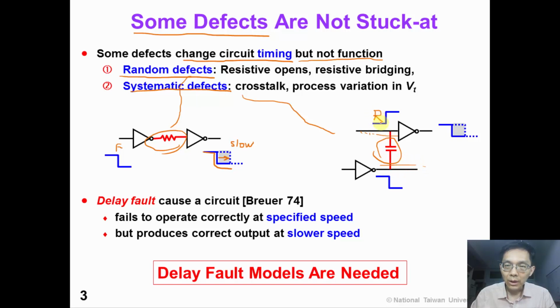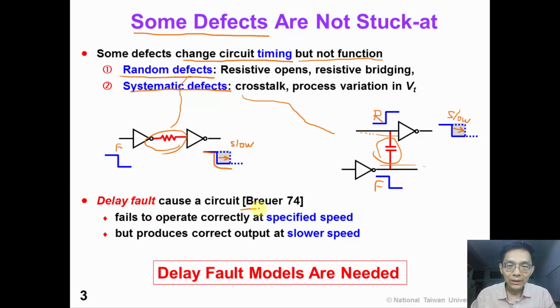Suppose we have a rising transition and a falling transition in the opposite direction. The output can be slower than expected. These two examples show that some defects cannot be modeled by stuck-at fault.